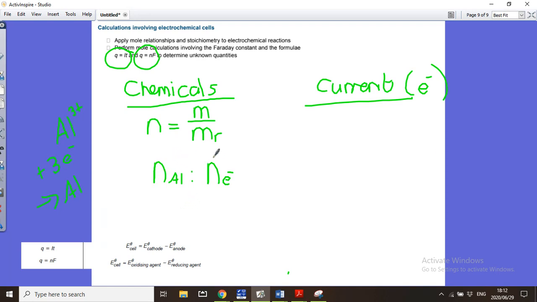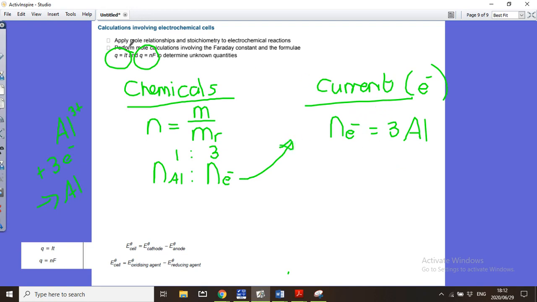So my ratio of aluminium to electrons here is 1 to 3. So to take me from my aluminium to my moles of electrons, it's going to be 3 times the moles. So here, if I want my moles of my electrons, it's going to be 3 times the moles that I calculated for my aluminium. Normal stoichiometry.